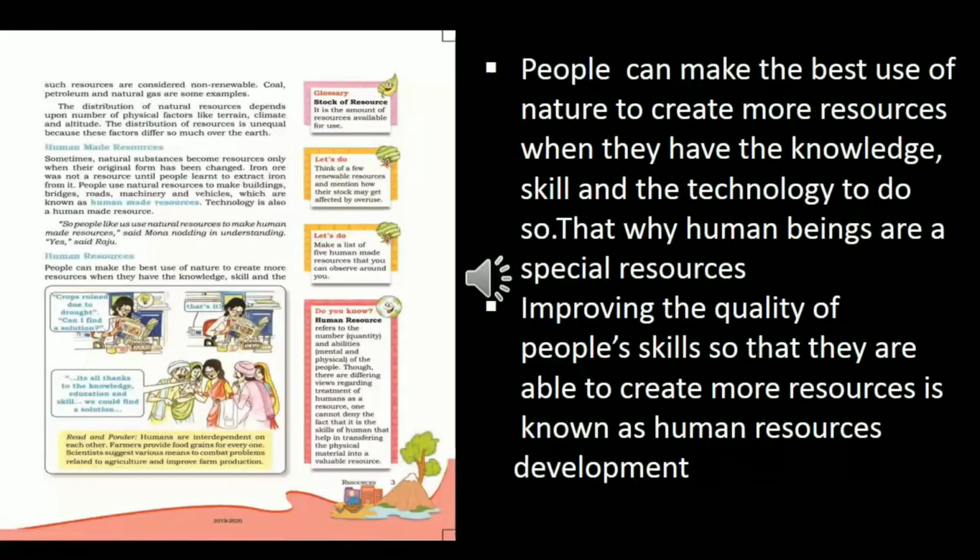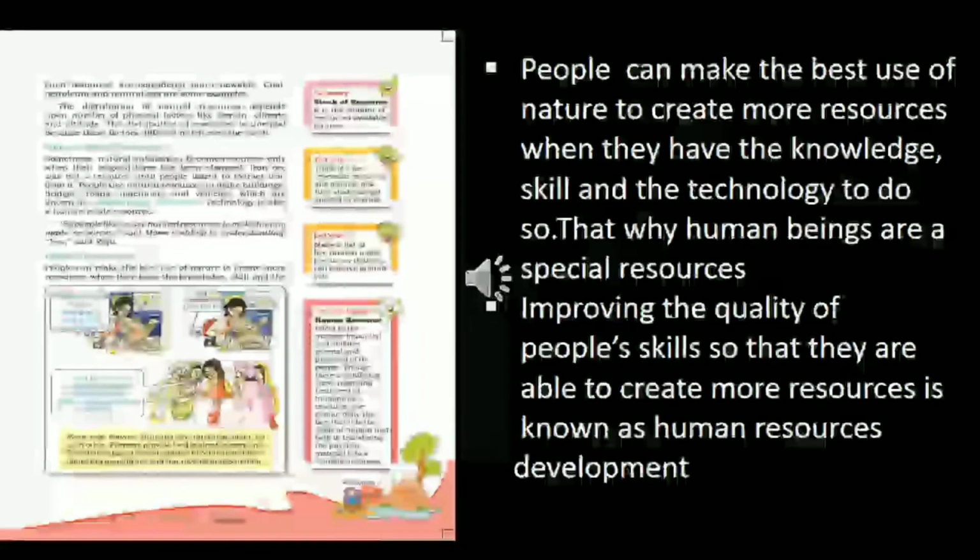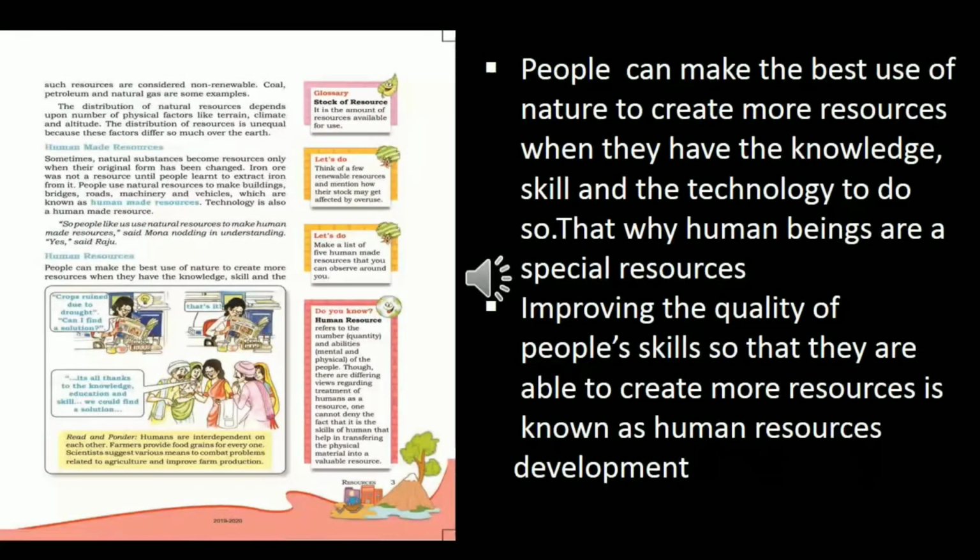It is all thanks to knowledge, education and skill that we could find a solution. The farmers consider what to do with crops in drought conditions, or if there is more rainfall.